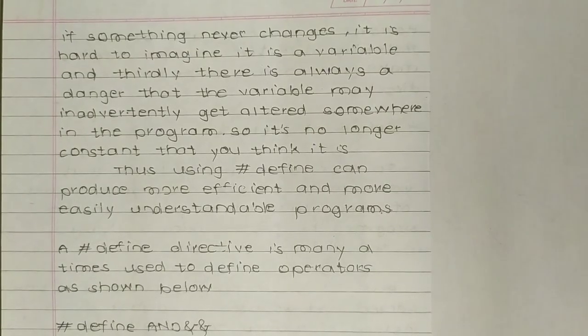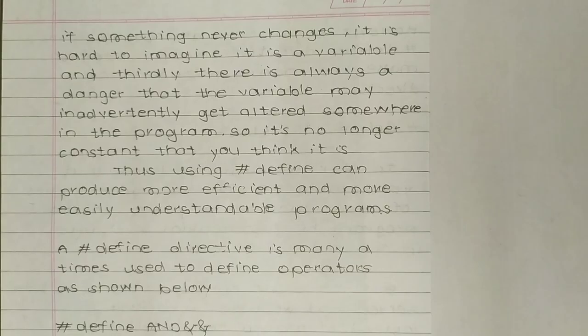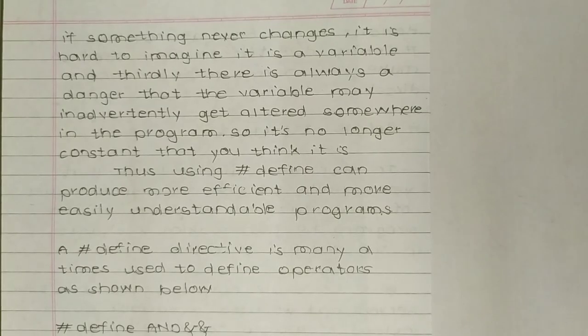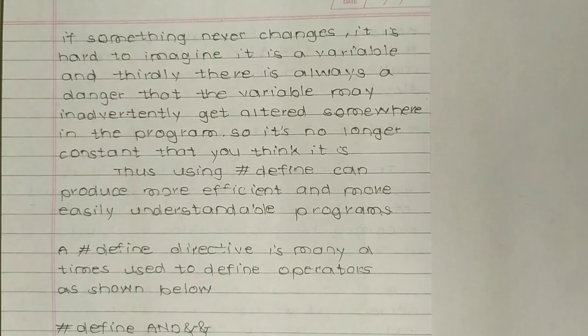If something never changes, it is hard to imagine it is a variable. And thirdly, there is always a danger that the variable may inadvertently get altered somewhere in the program.